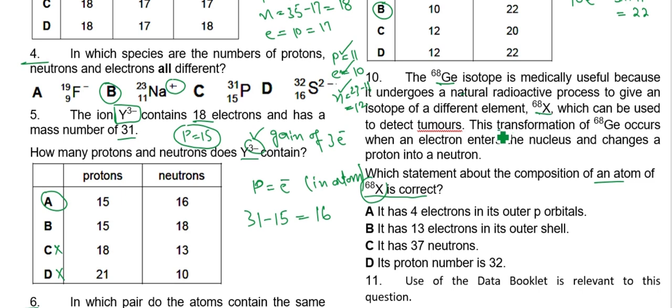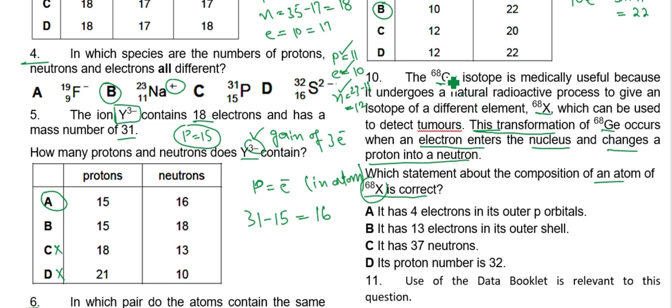So this transformation, this is the important point. This transformation of germanium 68 occurs when an electron enters the nucleus and changes a proton into a neutron. So one of the protons from germanium changed into a neutron.